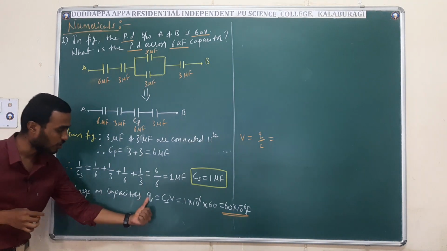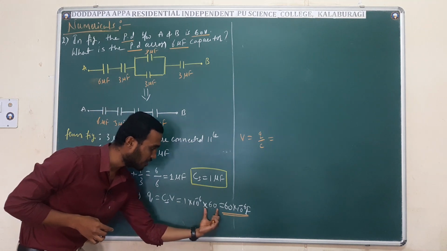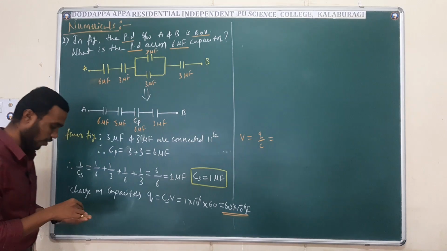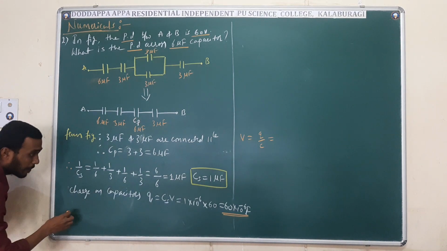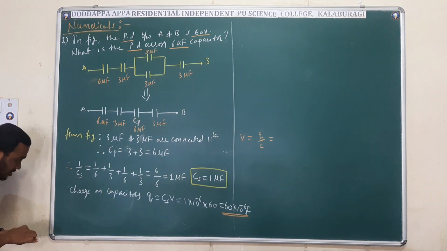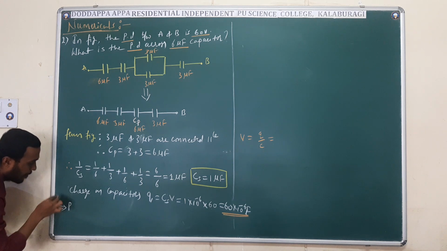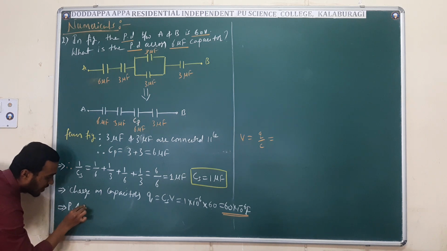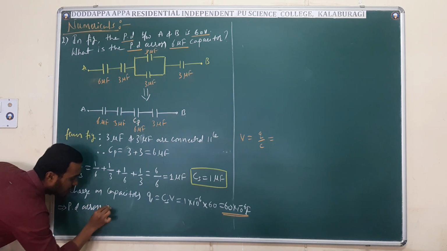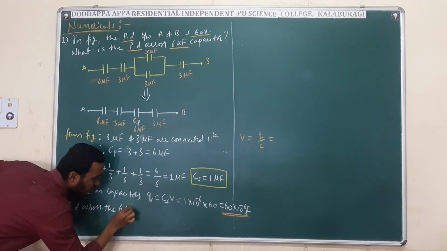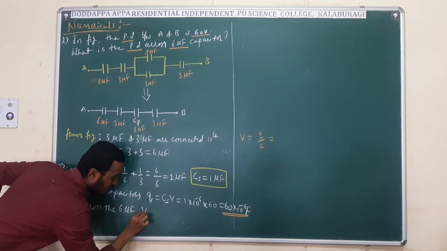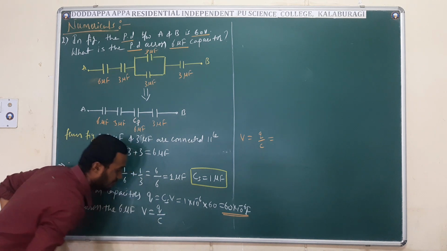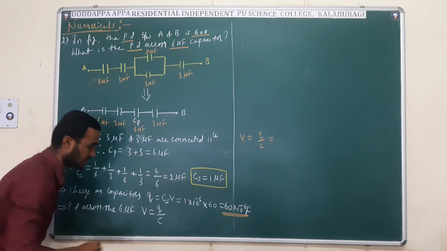So charge on capacitor Q is equal to CV, the C value into V value; that itself is our charge. Now I got the charge, I will apply the potential difference formula across the 6 microfarad capacitor. So V is equal to Q divided by C. Which C is it? The 6 microfarad capacitor.